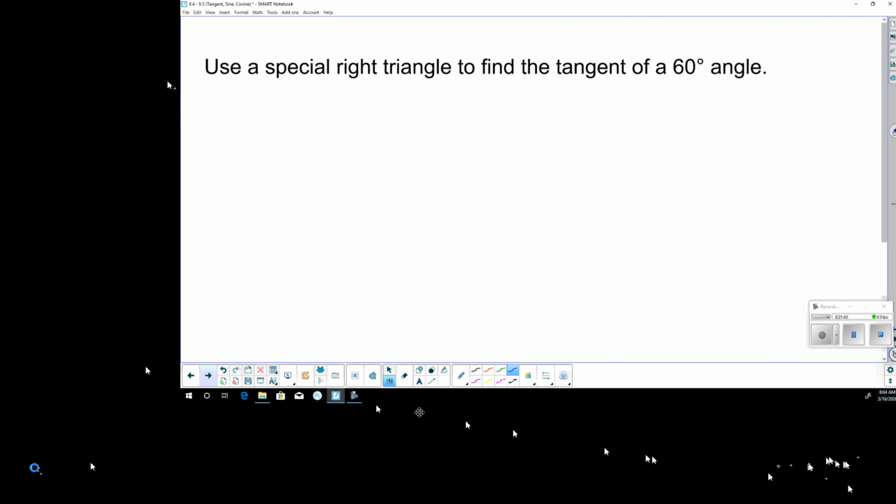Okay, this one's a little bit different. It says use a special right triangle to find the tangent of a 60-degree angle. So I'm just going to draw a right triangle here. We want it to be our special right triangle that has a 60-degree angle. So just a reminder, we got 30, 60, and 90. It doesn't matter how big or small you make the measures of the sides of your triangle.